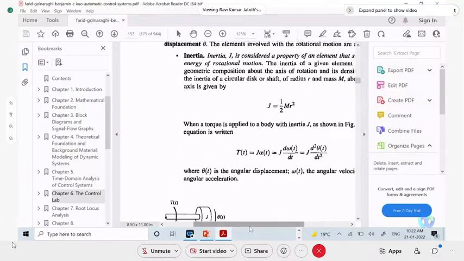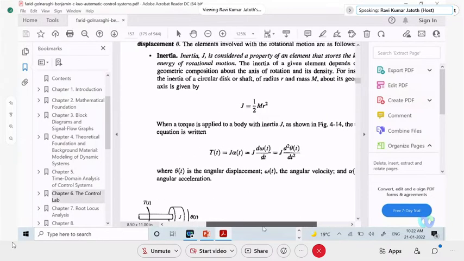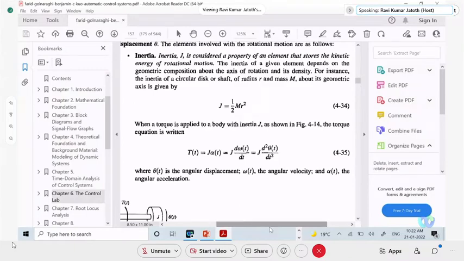So inertia. Inertia J is considered a property of an element that stores the kinetic energy of rotational motion. The inertia of a given element depends on the geometric composition about the axis of the rotation and its density. For instance, the inertia of a circular disc or shaft of radius r and mass m about its geometric axis is given by J equals half m r squared.